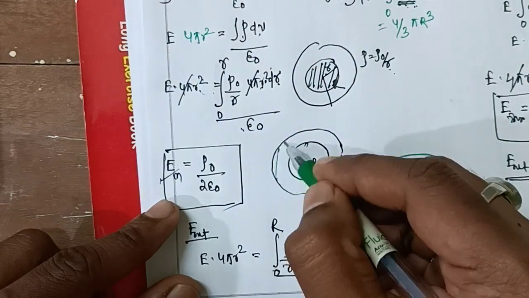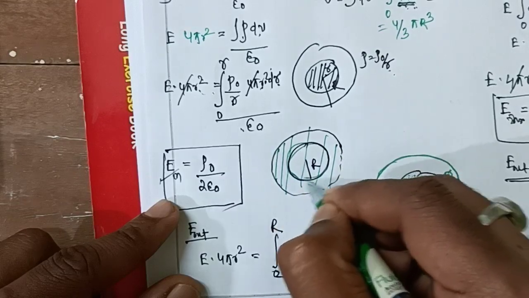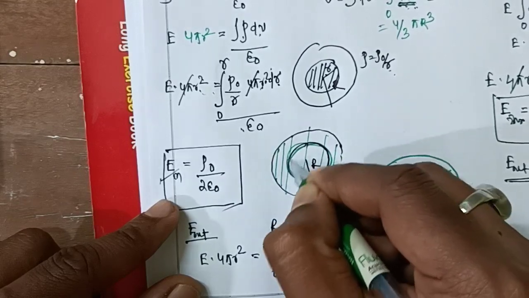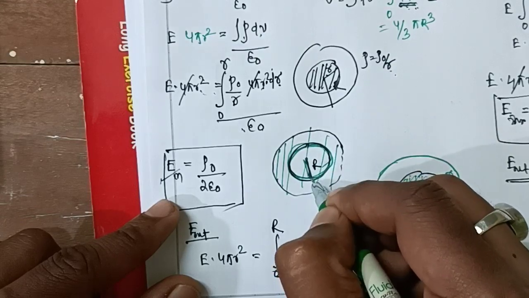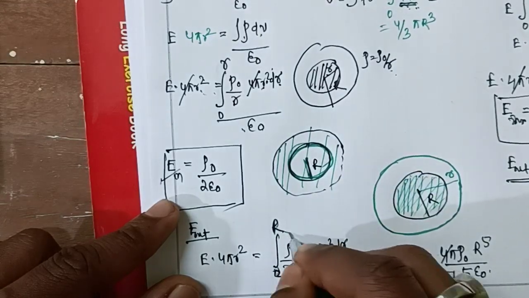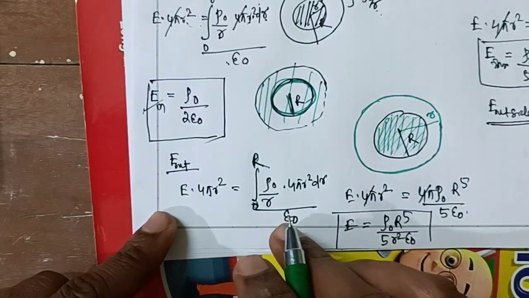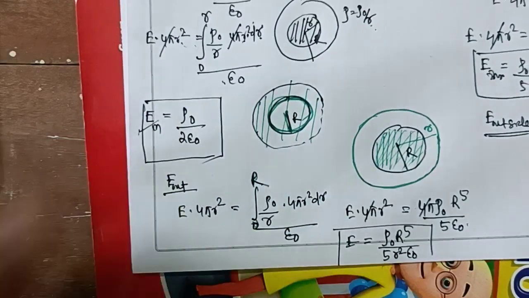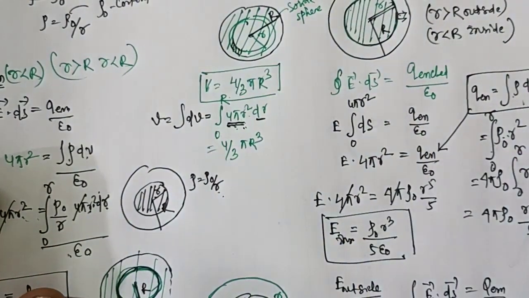This is the amount of charge enclosed, because this is my original sphere and this much charge is enclosed. So what is the maximum limit? 0 to capital R. That's why 0 to capital R. And in a similar fashion, if you solve it, you will reach the conclusion that this is the expression of electric field. I hope this scenario is pretty clear.